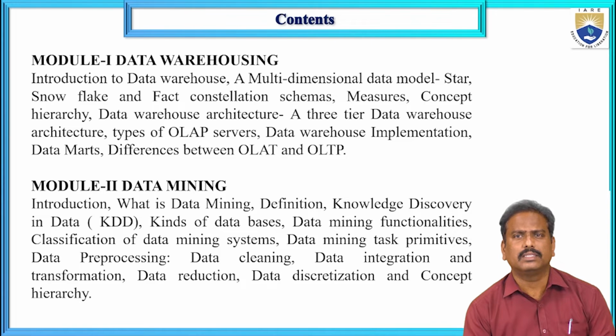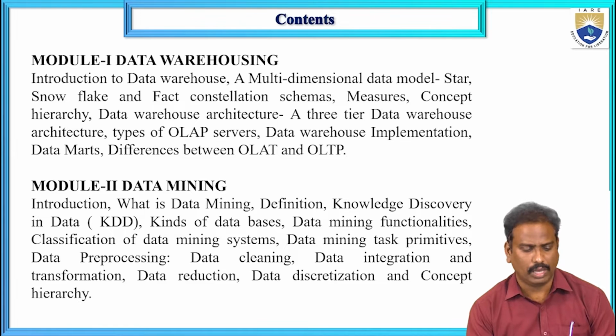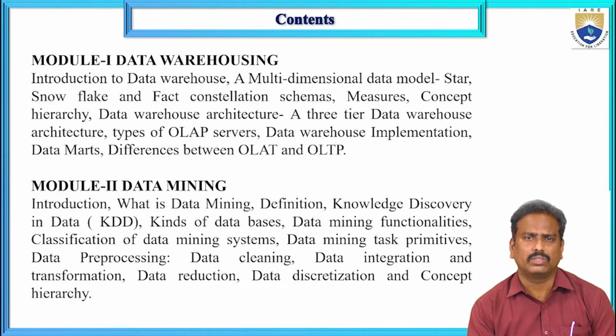Followed by data mining functionalities, they talk about the classification of data mining systems. How have they classified the data mining system? Data mining is a confluence of different disciplines. It may be statistics, machine learning, or related to some other application.